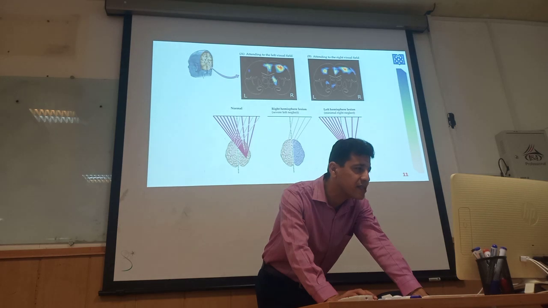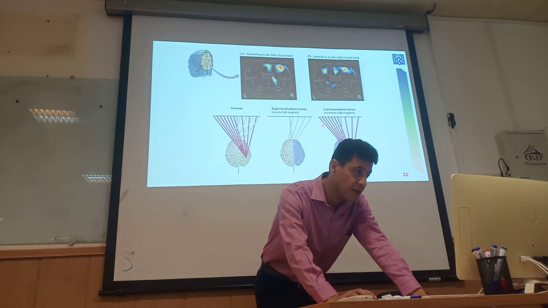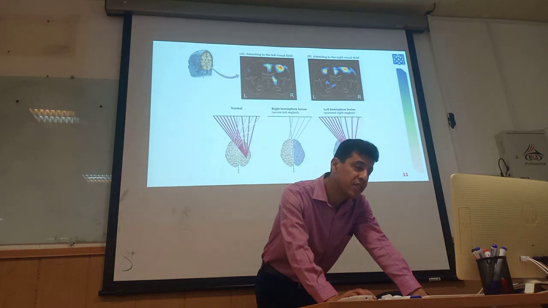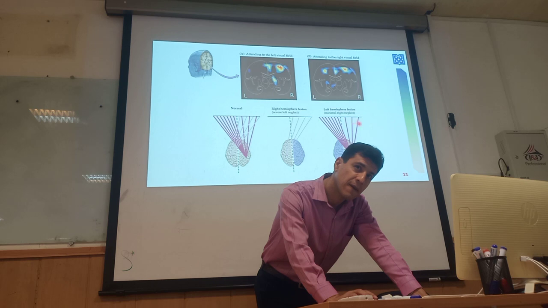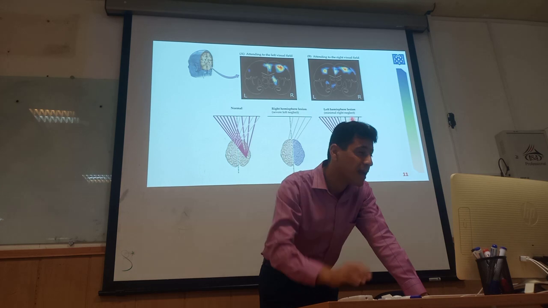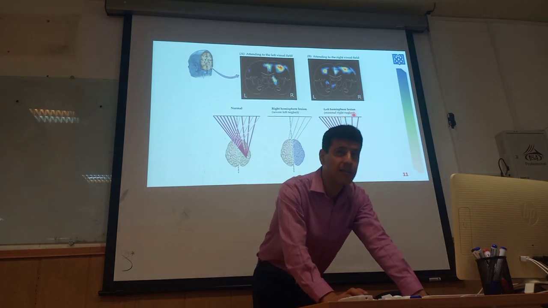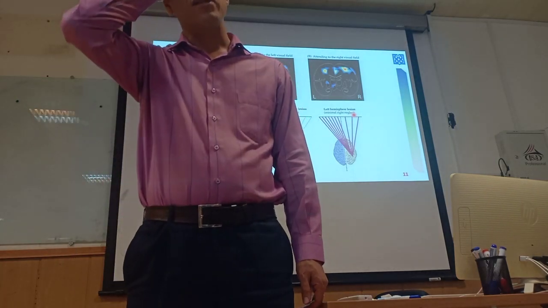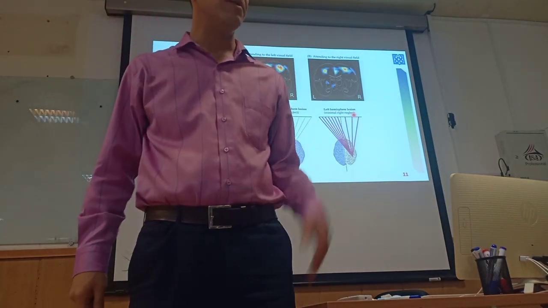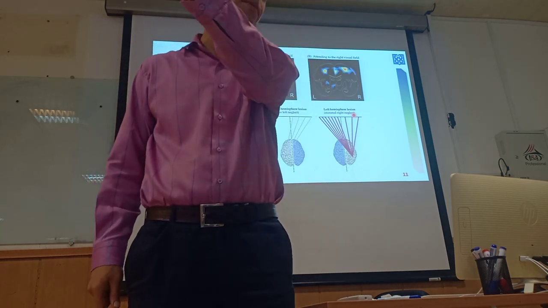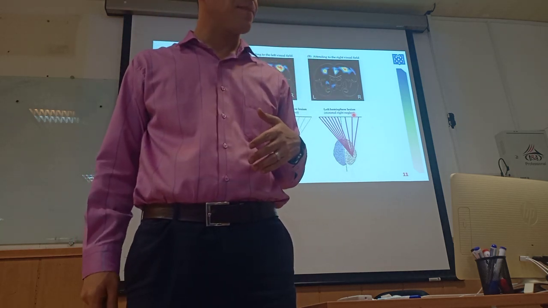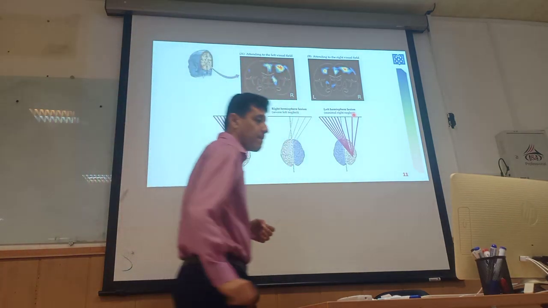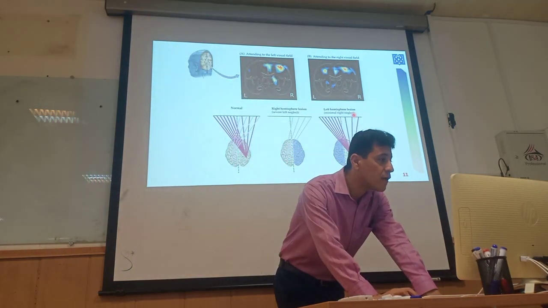But if there is damage on the left side, the person can attend to the left, and can also attend to the right, with only a minimal defect on the right side. So there will be minimal right neglect. That's why damage to the right side of the brain causes neglect on the left side, but damage to the left side doesn't cause neglect on the right side. So, this is a mechanism for having attention.